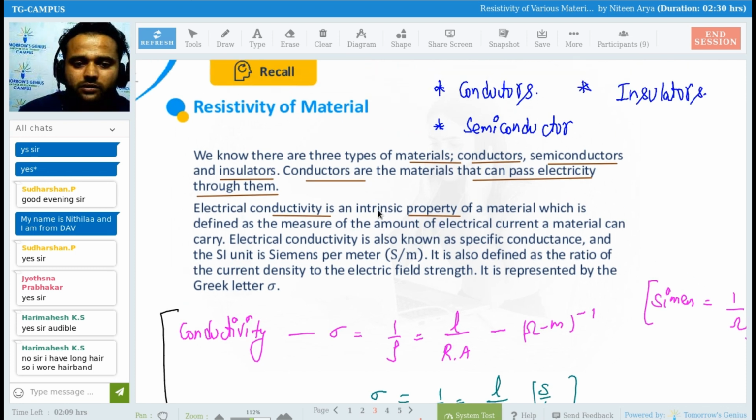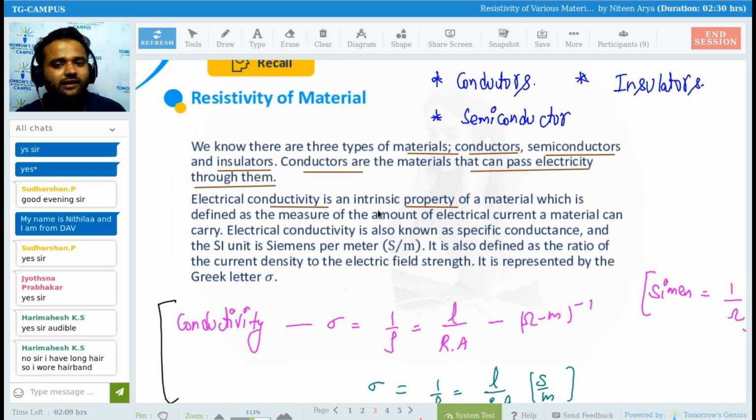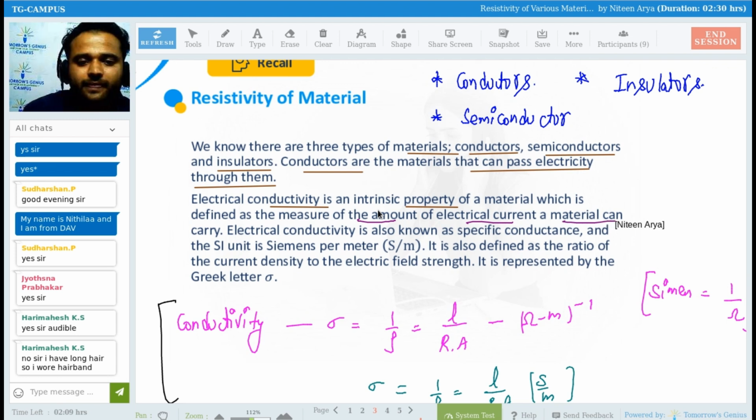Okay, so what is electrical conductivity? As we already defined, it is an intrinsic property of a material which is the measure of the amount of electrical current a material can carry. Electrical conductivity is also known as specific conductance. Now what is specific conductance?